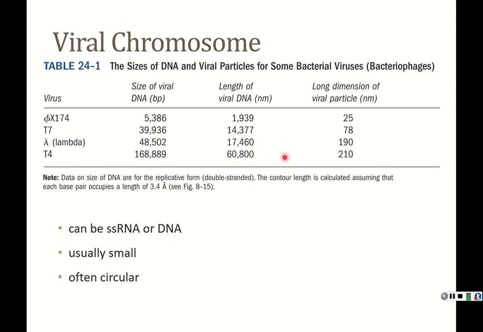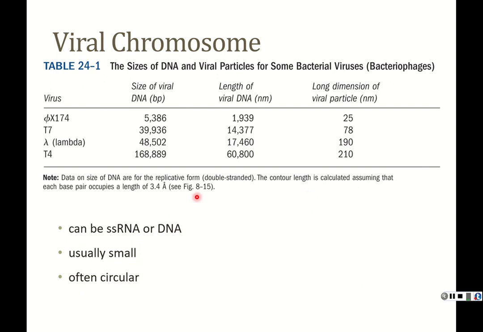Then what's interesting is to compare the length of that DNA to the dimension of the viral particle. The long side of the viral particle shown here is much, much smaller than the length of the DNA. So the DNA has to be tightly compacted to be able to fit in these.